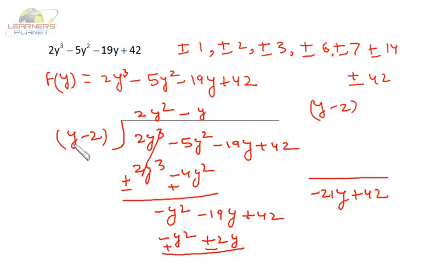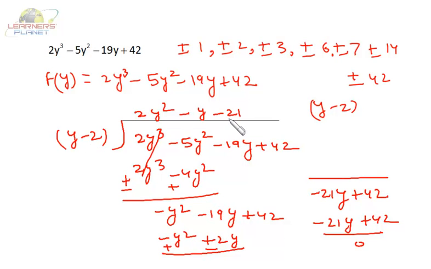So just multiply this by 2 minus 21. So we'll be getting minus 21y. And minus 21 into minus 2 is plus 42. So we are getting 0. That means we got the factors of f of y as y minus 2 and 2y square minus y minus 21. This is a linear factor and this is a quadratic factor.